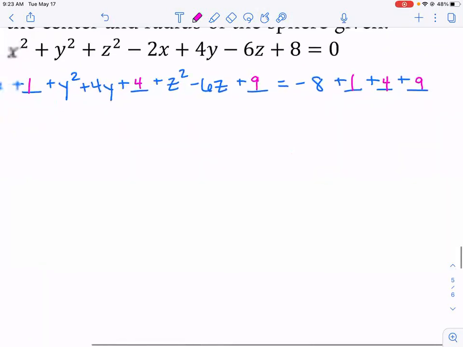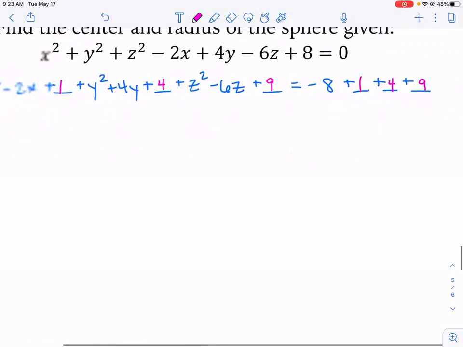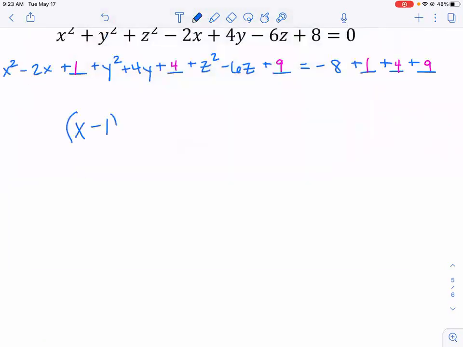So we have x minus 1, the quantity squared, plus y plus 2, the quantity squared, plus z minus 3, the quantity squared, equals 6.